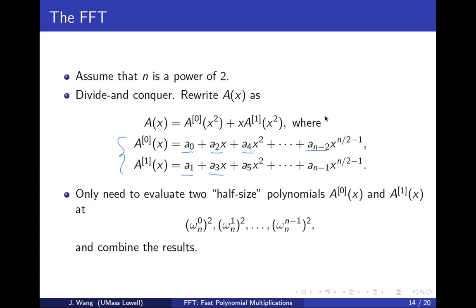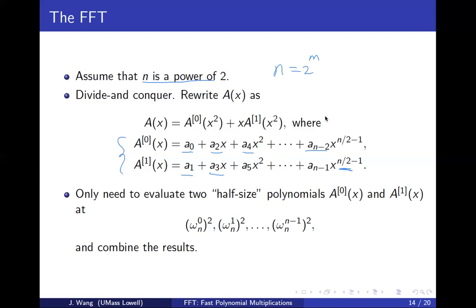And A1 is all the odd index terms, right? So a1, a3 x, a5 x squared, so up to x to the n over 2 minus 1. So again, this is divisible because n is a power of 2. Right? It can be divided by 2, and then by 2, and then by 2, and so on until it becomes 1.